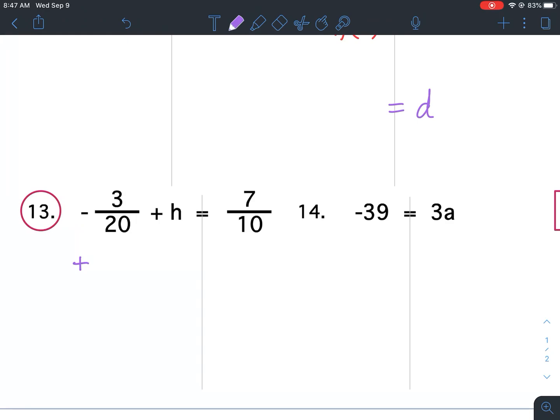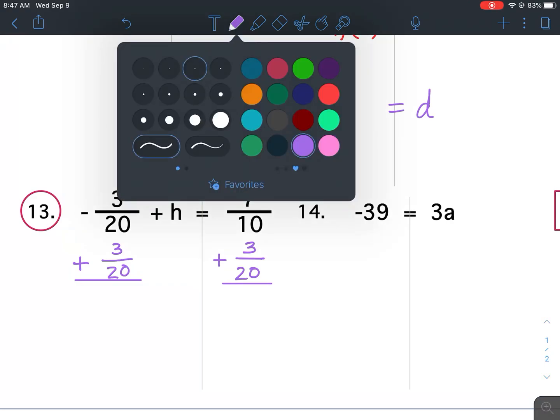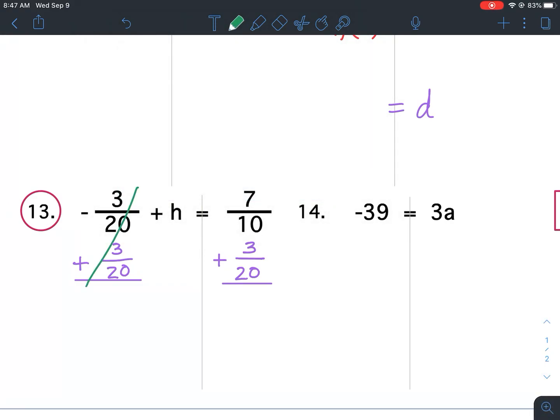So I'm going to add 3/20 to both sides. That would allow me to cancel these, bring down my variable, my equal sign, and again, you can finish that problem using your calculator.